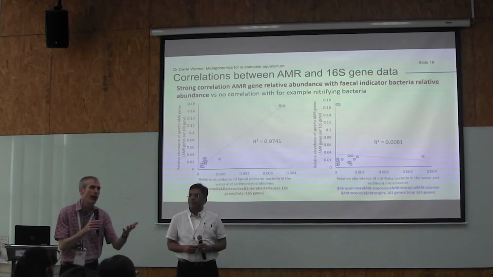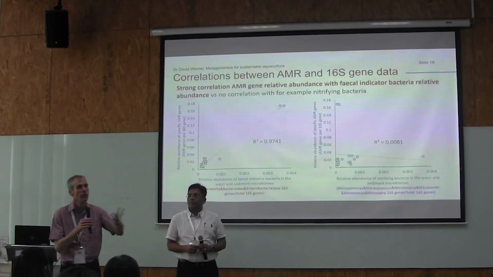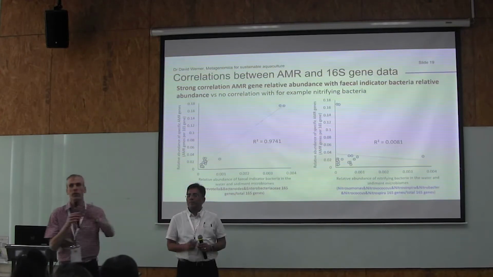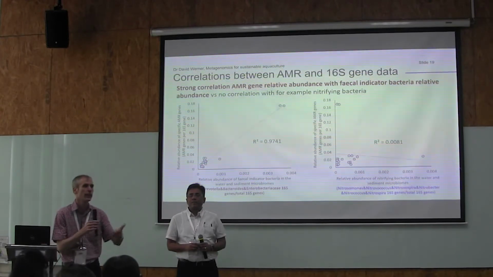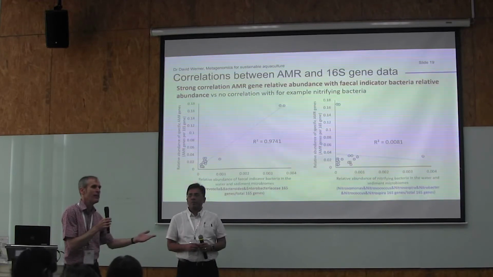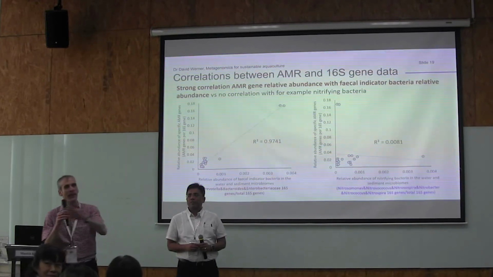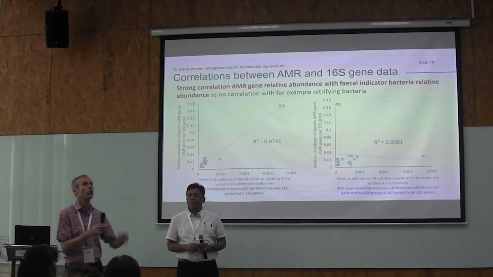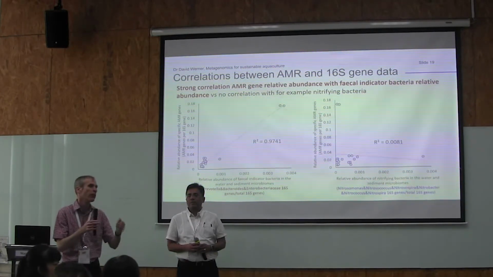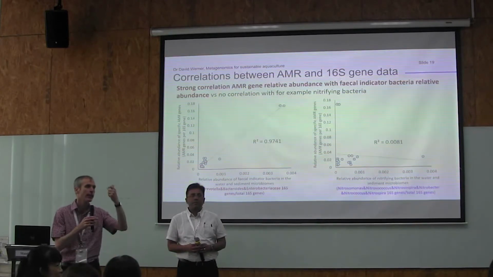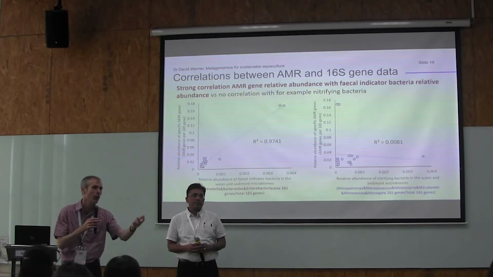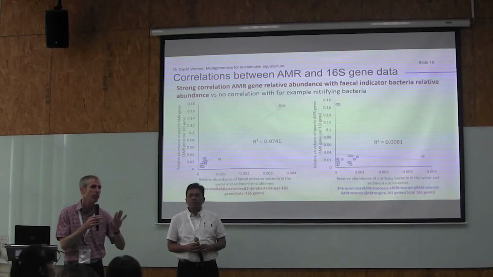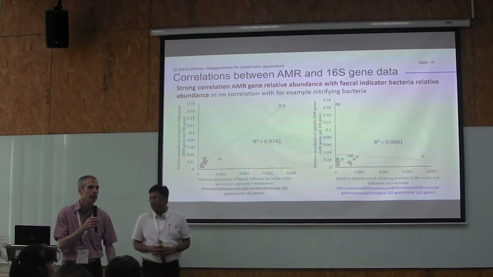For instance, Vibrio cholerae: there's no correlation with antibiotic resistance. What I showed is there's no correlation between nitrifying bacteria and antibiotic resistance. There should be a correlation between nitrifying bacteria and nitrogen, for example. It's just an example. But with sequencing, we can look at fecal bacteria, nitrifying bacteria, Vibrio cholerae, all of the bacilli, probiotics, we see everything. That's the power of this technology.